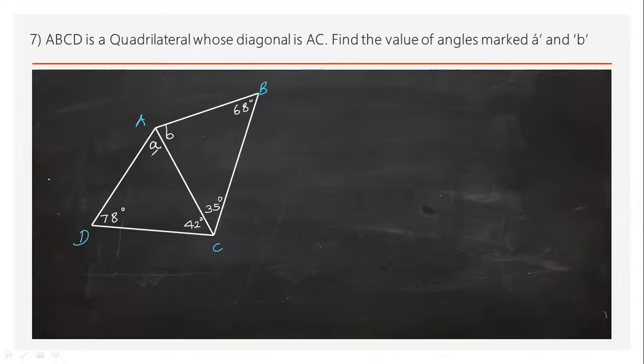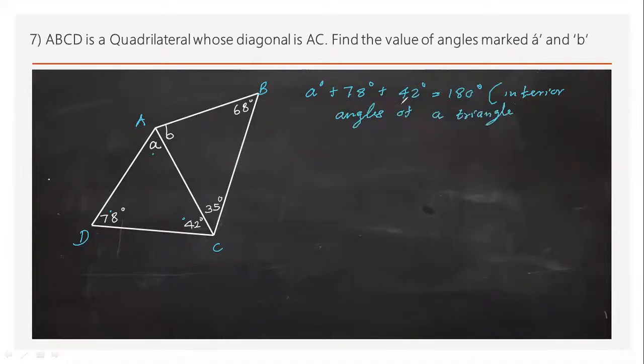So first we can find A. These are 78, 42, A. They add up to 180 because these are the interior angles of a triangle. So we can write here A plus 78 plus 42 equals 180, interior angles of a triangle.